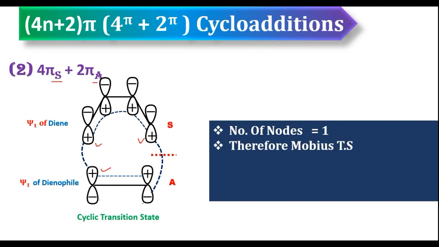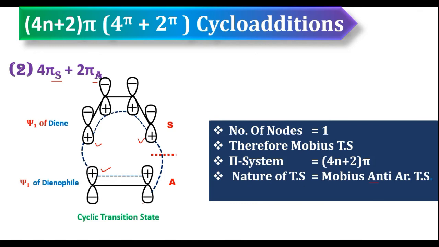The pi system belongs to 4n plus 2. For Mobius, 4n plus 2 is anti-aromatic. So when it is an anti-aromatic transition state, that is photochemically allowed. So friends, 4n plus 2 supra-antra is allowed under photochemical condition.